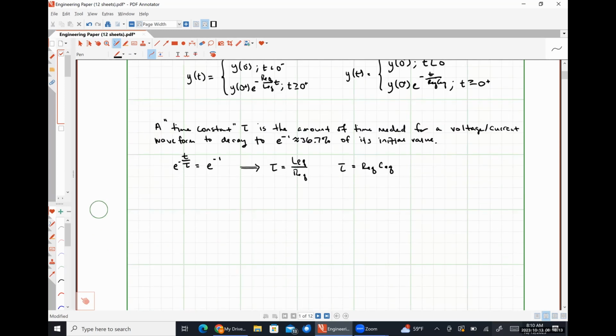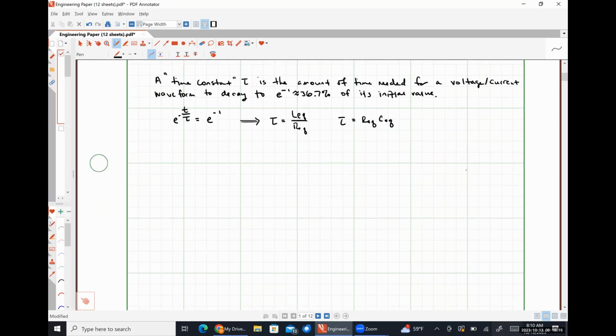So I'm going to draw a graph here. Here is our signal as a function of time.